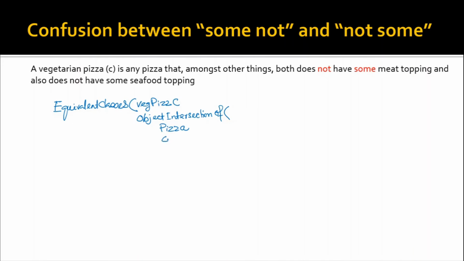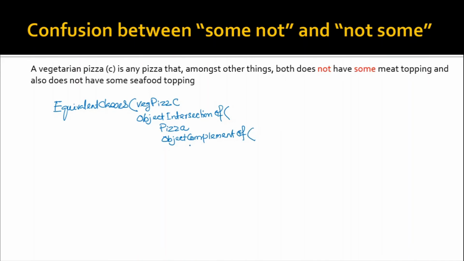So pizza, object complement of, we do not have any topping, meat topping. That is what we are trying to represent. Object complement of, right?